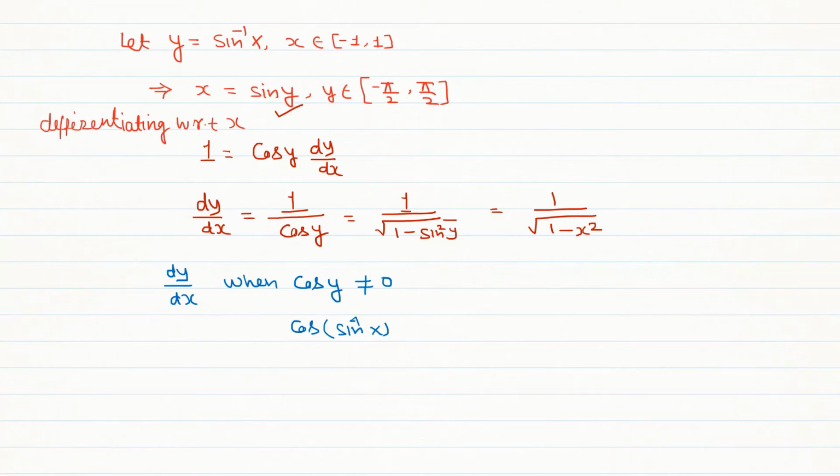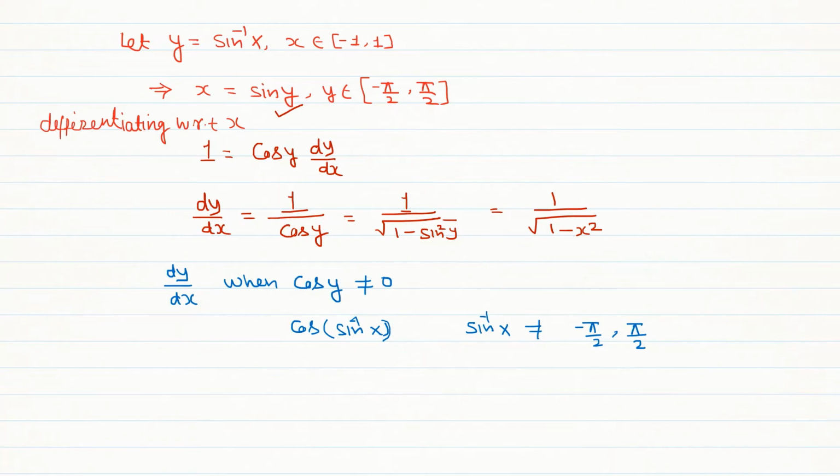So this derivative will exist only when this denominator is not equal to 0. And sine inverse x should not be minus pi by 2 or plus pi by 2, because if it is, then this cos will become cos of minus pi by 2 or cos of plus pi by 2, which is a zero value.